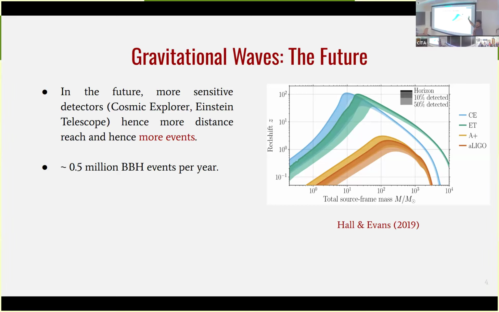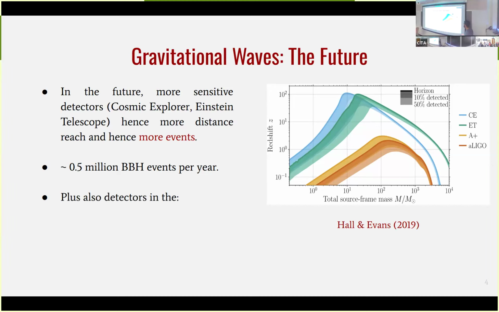Now, there might or might not be binary black holes at a redshift of 100, but if there are, say primordial black holes, we can detect them. So these next generation detectors are extremely exciting because not only will they allow us to probe very far into the universe, but we will also have a very large population of binary black holes and binary neutron stars.